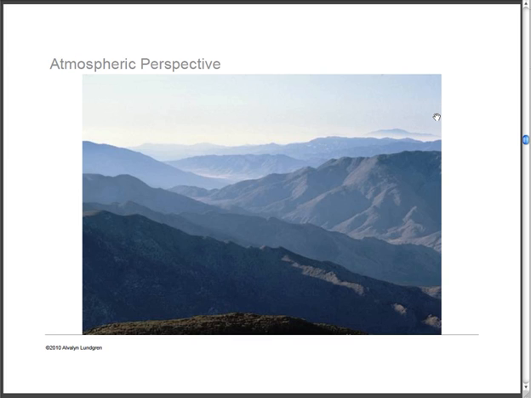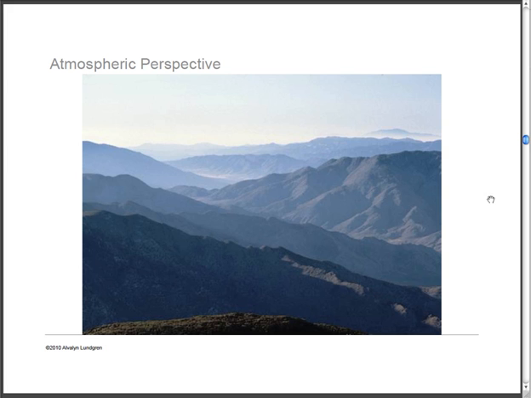But first we'll talk about atmospheric perspective. So in atmospheric perspective, that is the concept that things that are closer to you are really distinct, texture is really understood, colors are brighter, things like that. And with increased distance, things get fuzzier, foggier, hazier, less distinct, and they kind of start blending into the background.